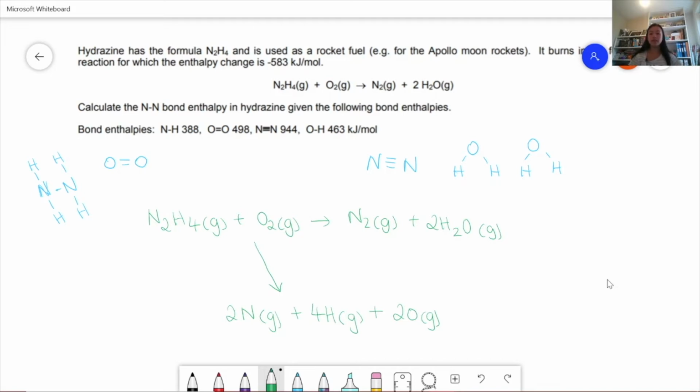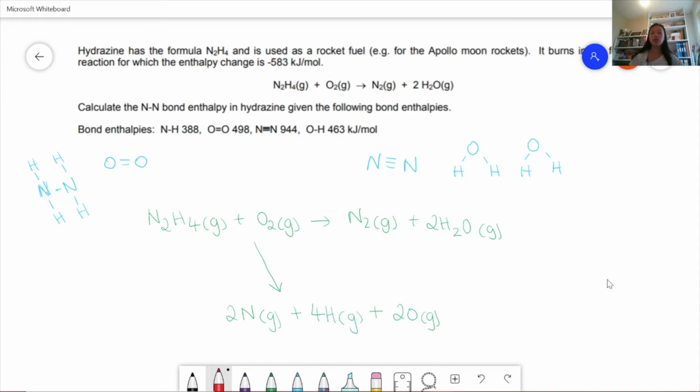Now we look at the molecules and think, how many bonds am I breaking? Each NH bond requires 388 kilojoules per mole of energy. When we break bonds, energy needs to be put in, so they're all positive.